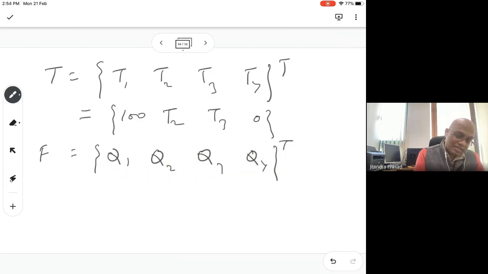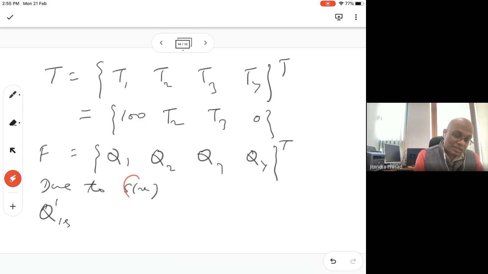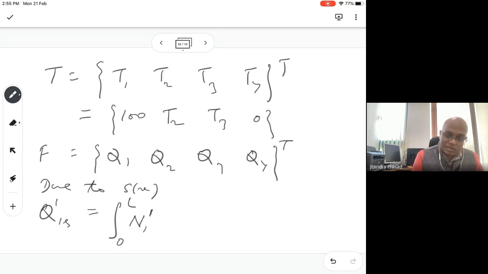Because of S components, you can write due to Sx, Q1, and this is because of X. You can also write S here, just to indicate that S1 will be equal to 0 to L, L is equal to 2, then N1 of element 1, X, right?